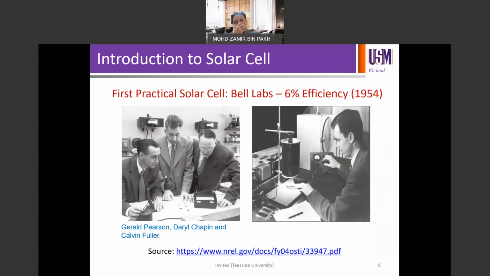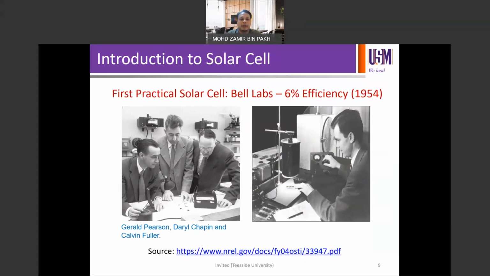Even though the very first observation of the photovoltaic effect was back in 1839 by a French scientist called Edmond Becquerel, the first practical solar cell was only available back in 1954 at Bell Lab.